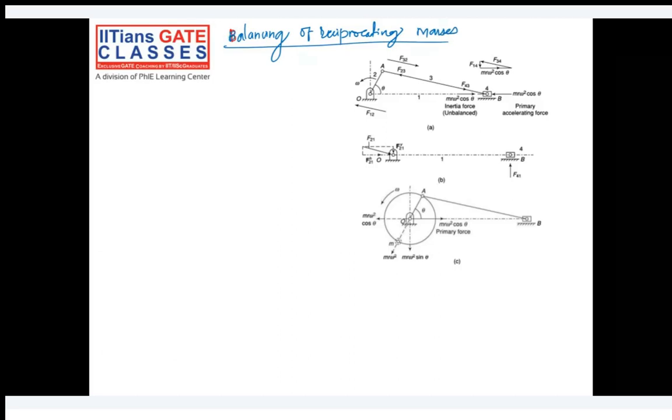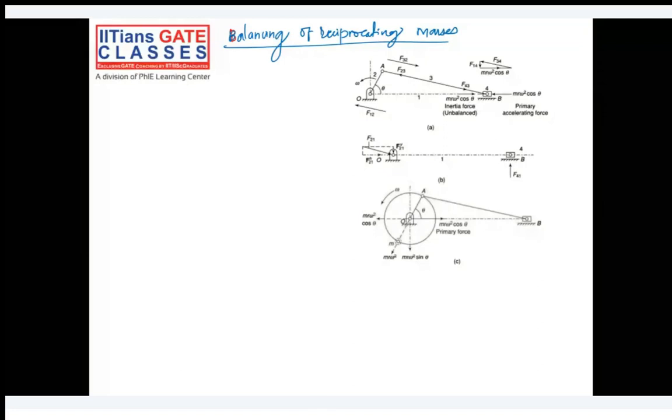If you remember, in the previous chapter, dynamic analysis, I gave you the formula for the displacement, and then how we calculate the velocity and the acceleration.